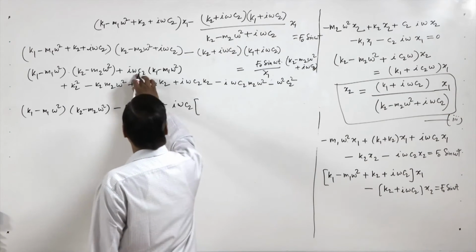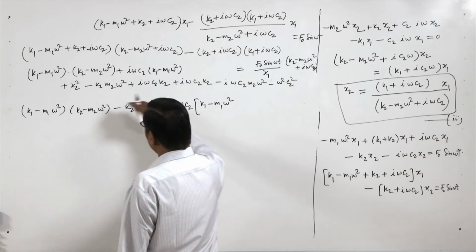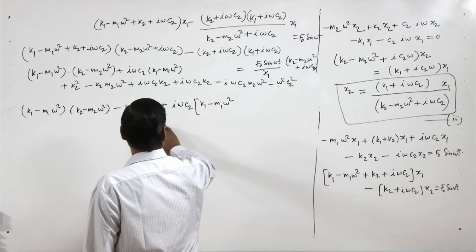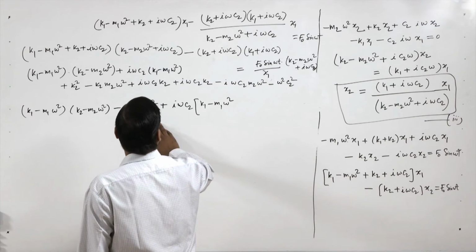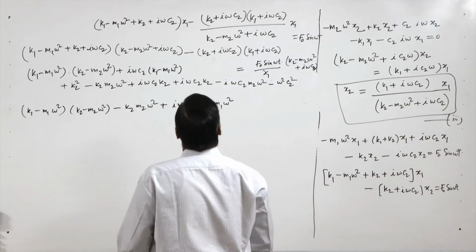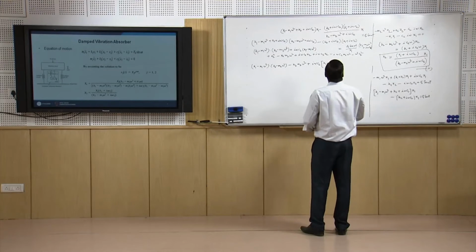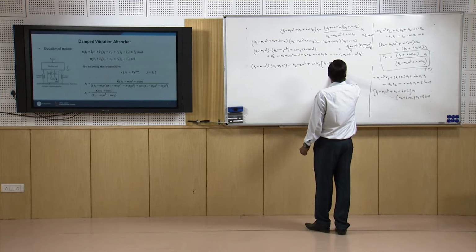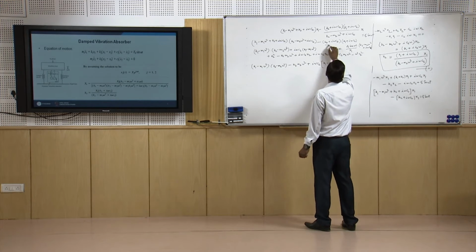So I omega c2 terms here is k1 minus m1 omega square, now we have this term also.